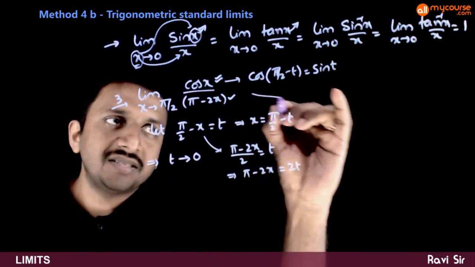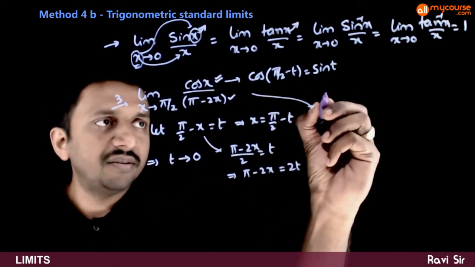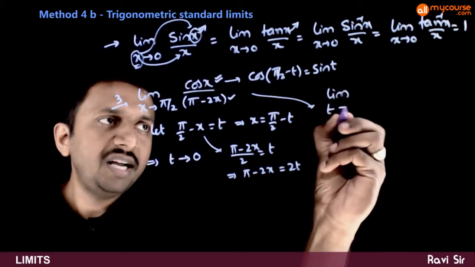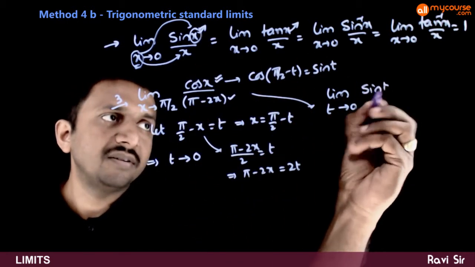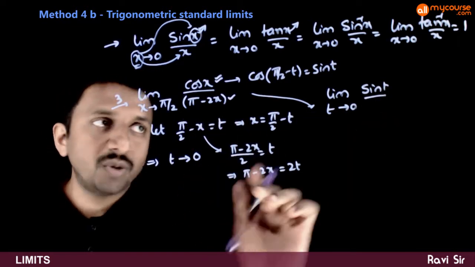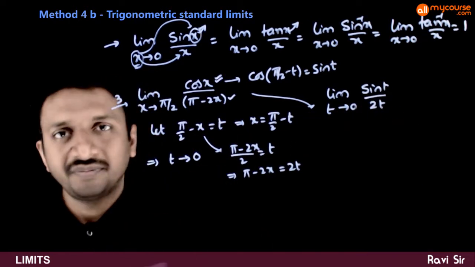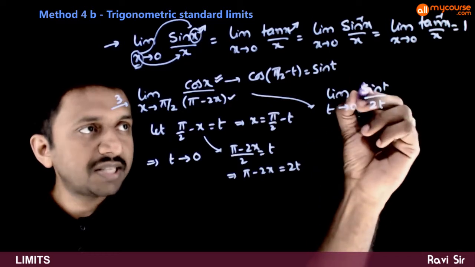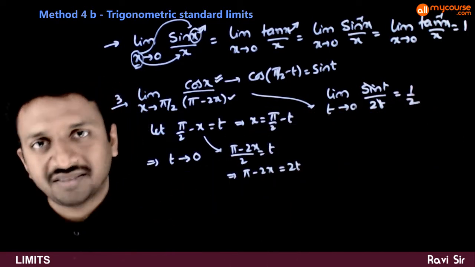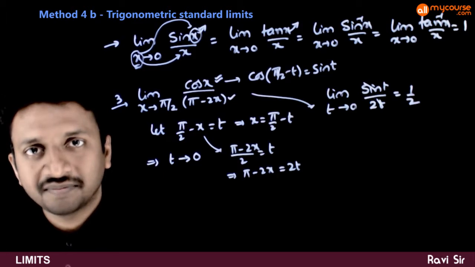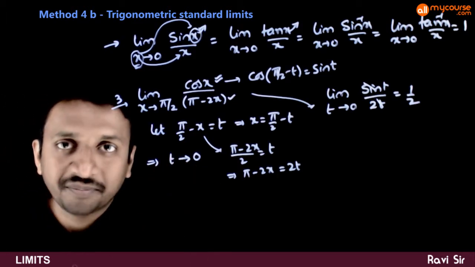Now let us change this limit completely in terms of t. So limit t tends to 0, cos x becomes sin t, and pi minus 2x becomes 2t. And limit t tends to 0, sin t by t is 1. So you have 1 by 2 as the answer. So I hope this is clear.